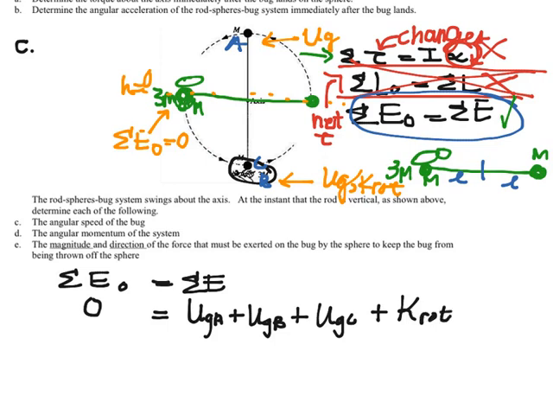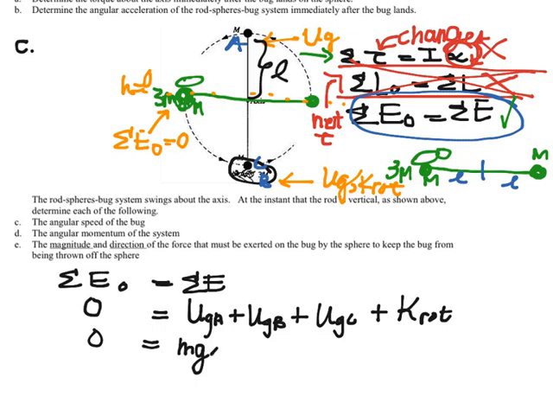Okay, so we have 0 equals, for mass A, mg, and the h is length L, so mgL.